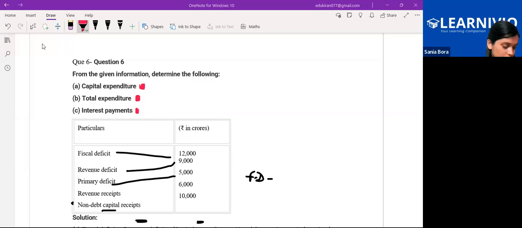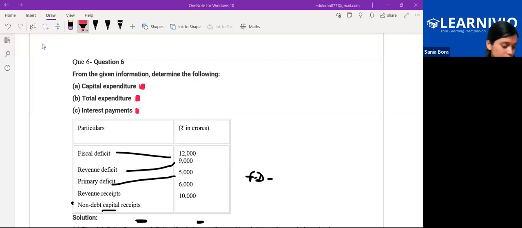Made a formula. Okay, but first we found the... what we have to find is capital expenditure. Okay, second formula. Then this one.